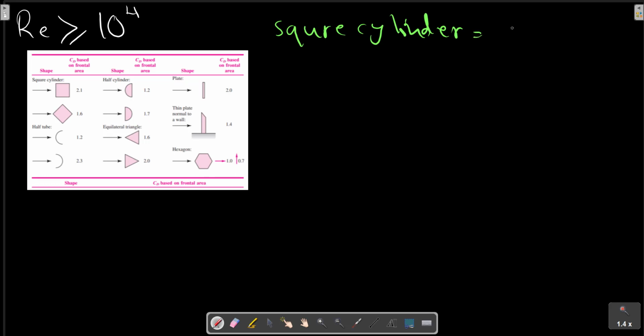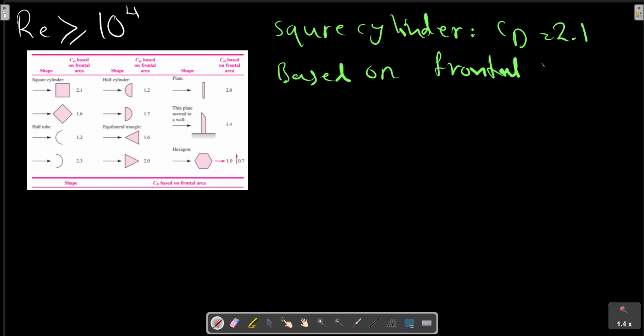Drag coefficient is CD based on frontal area.